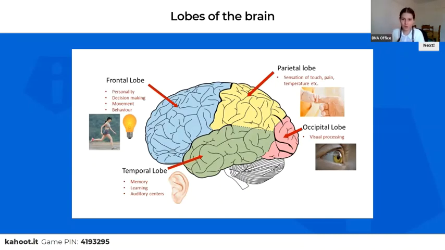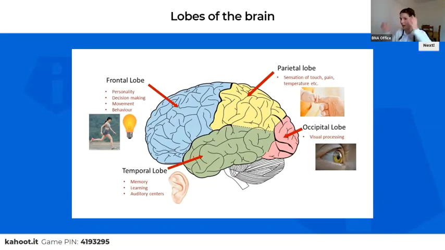So we've got the occipital lobe next, right at the back of the brain, and that's all for vision. So your eyes will send information about what you're seeing to the back of the brain, to the occipital lobe, and that's the area of the brain that will make sense of this, so that you know what you're seeing really. So this is visual processing, processing visual information from the eyes.